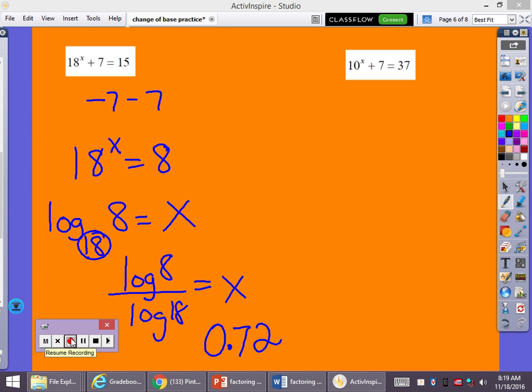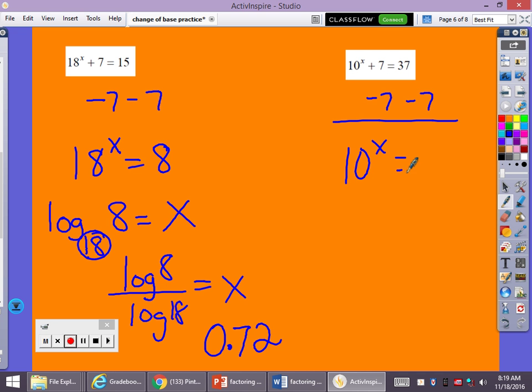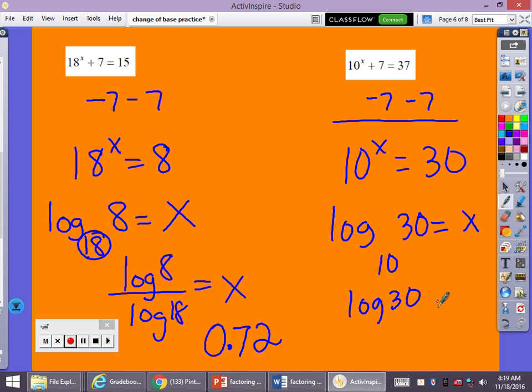Okay, what do I do first? Minus 7. So 10 to the x equals 30. Log base 10 of 30 equals x. So now what do I do? Log 30 divided by log 10.